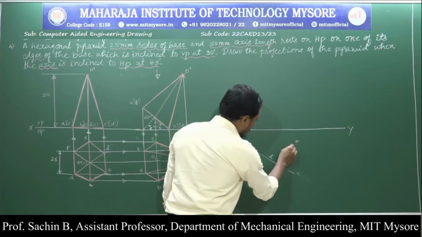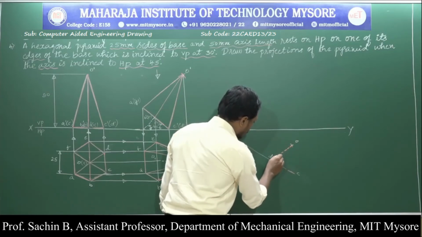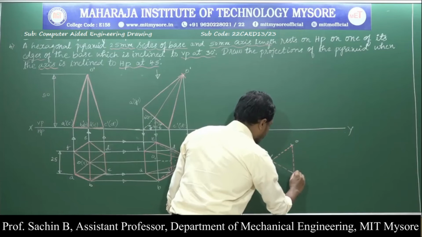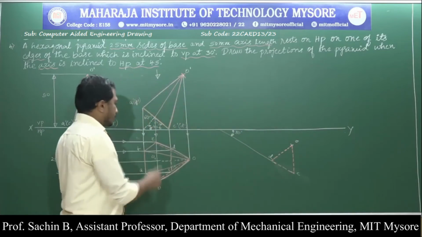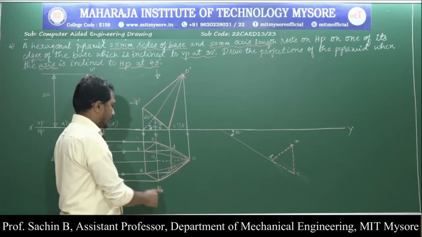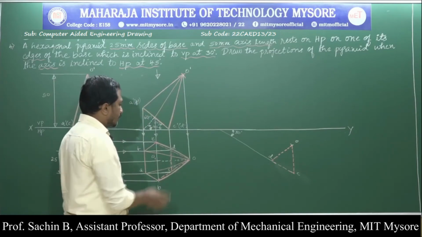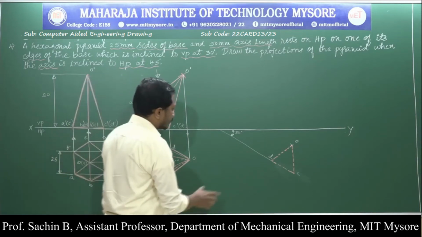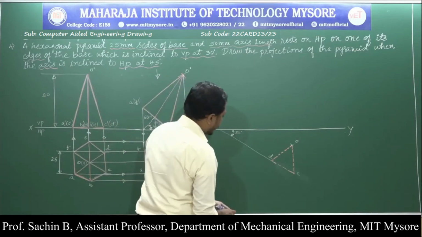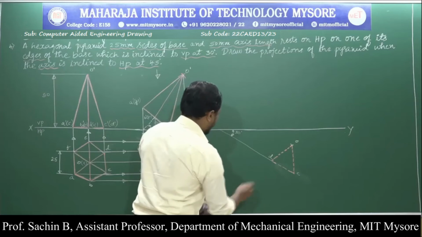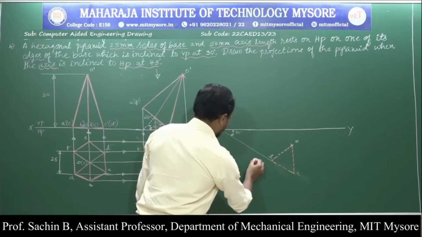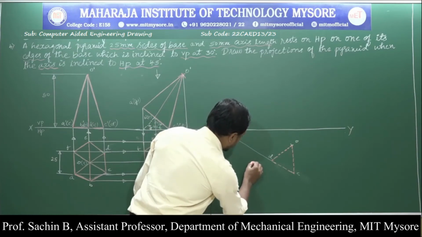Next I will go for joining this. Next I require the remaining corners, that is nothing but E, F, A, B. To get that, I will measure from D to E or from C to B. One measurement is enough. I will measure from D to E, and after measuring, I am going to cut an arc towards this side.